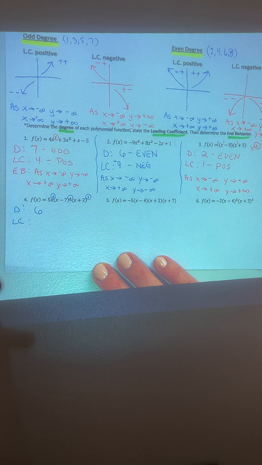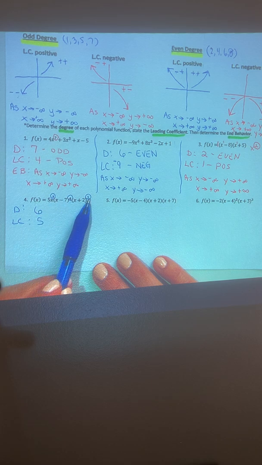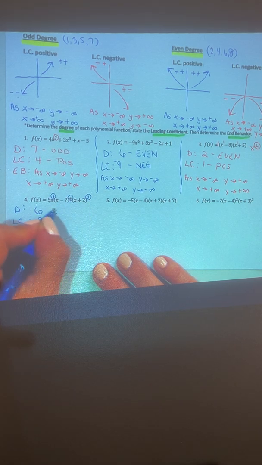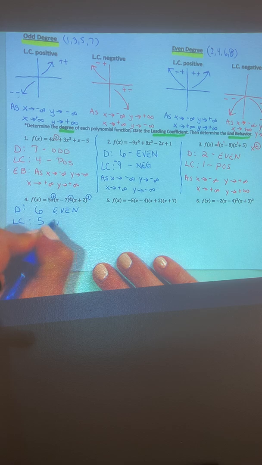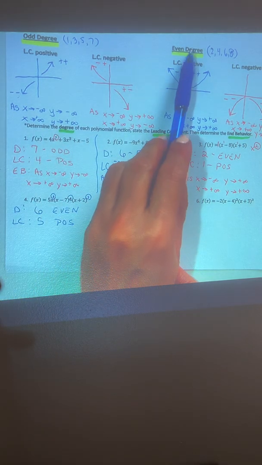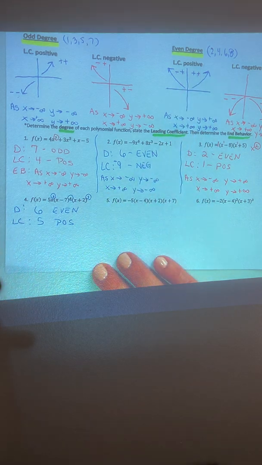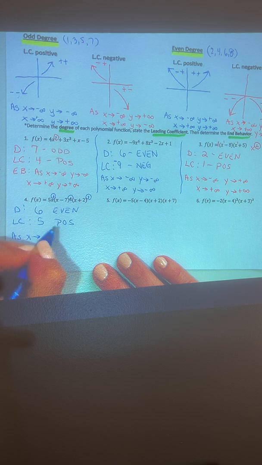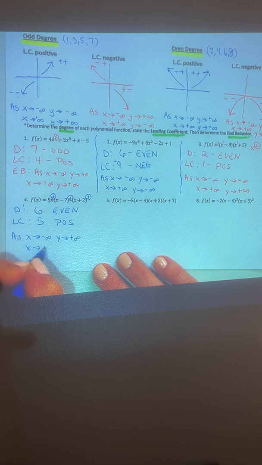Leading coefficient is 5. So we got even, positive. As x approaches negative infinity, y approaches positive infinity. As x approaches positive infinity, y approaches positive infinity.